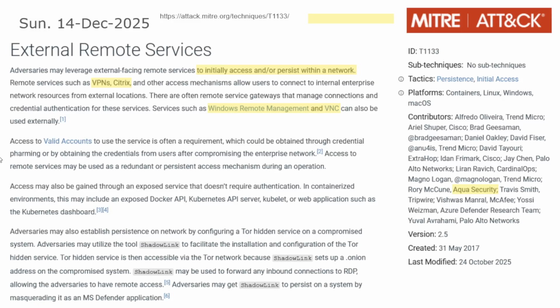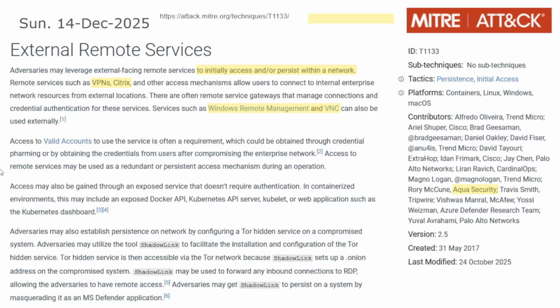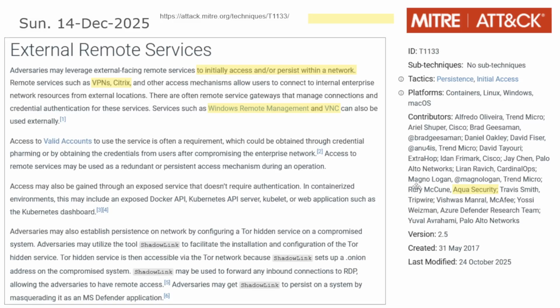Okay, then access to valid accounts to use the service is often required, which could be obtained through credential farming with phishing, interesting, or by obtaining the credentials from users after compromising the enterprise network. So it's good to know that valid accounts appear to be a necessity. Then access to remote services may be used as a redundant or persistent access mechanism during an operation.